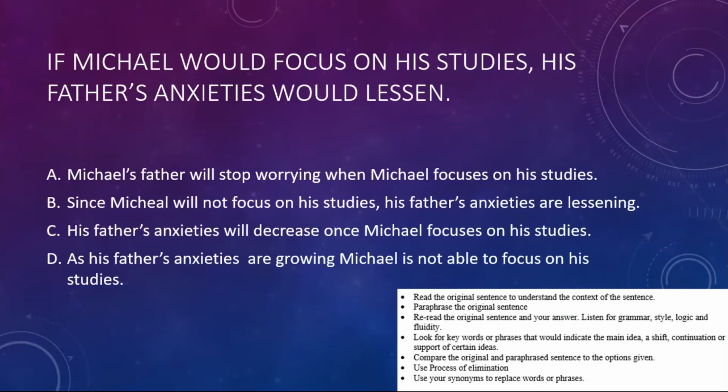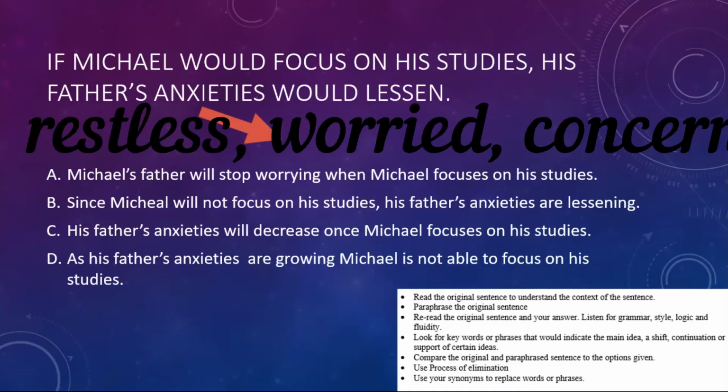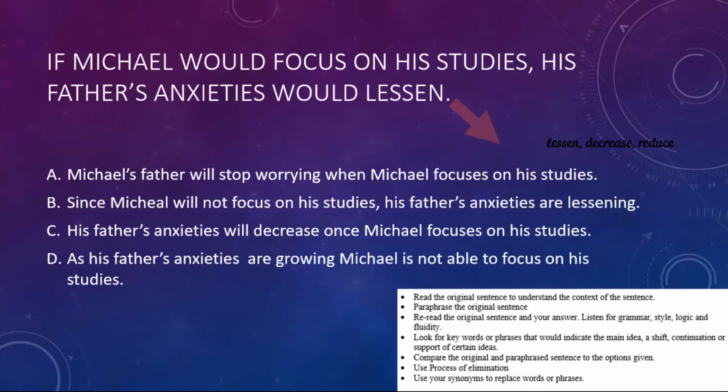The first thing we're asked to do is to understand the original. In understanding the original, the step to paraphrase comes in handy. The original sentence claims that Michael's father is restless or worried, and this worry will decrease or reduce if Michael pays more attention to his studies.